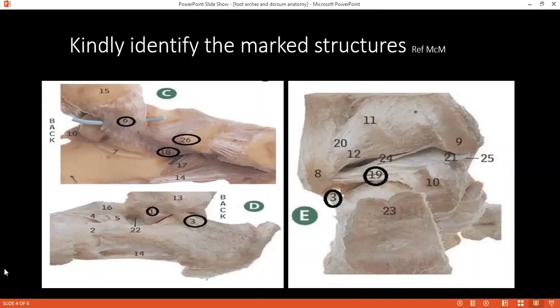Right. What is 22 pointing at? That is pointing at the tarsal sinus. All right, can you identify 3 and 19? Three is the calcaneofibular ligament, and 19 is the posterior talofibular ligament. 25, please.